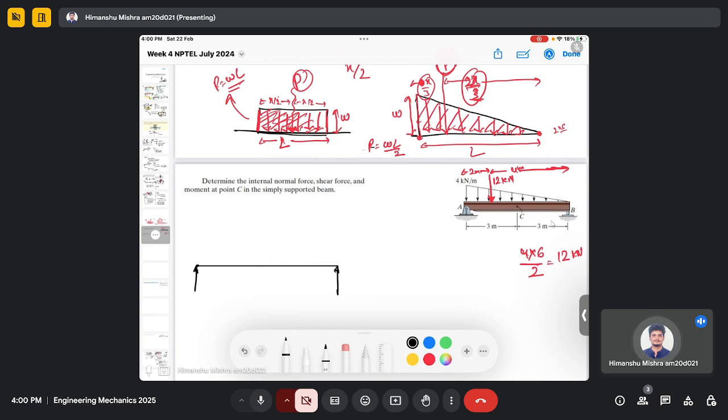Here I'm again not drawing the reaction force in X because it's zero. This is 12 kilonewton.